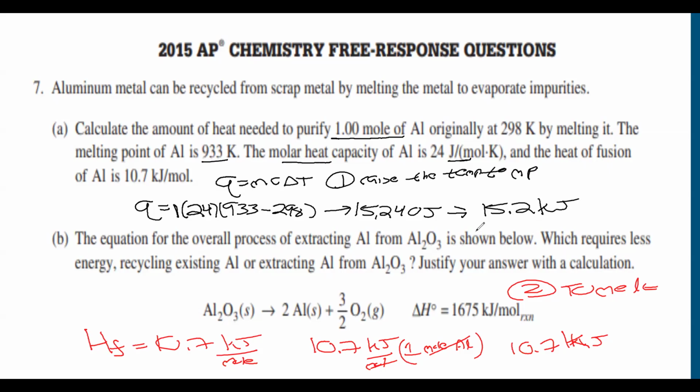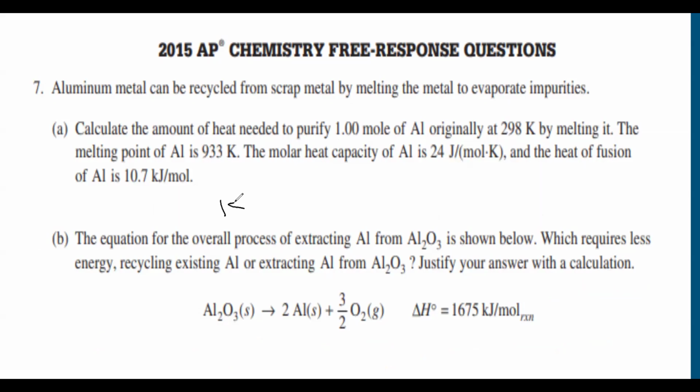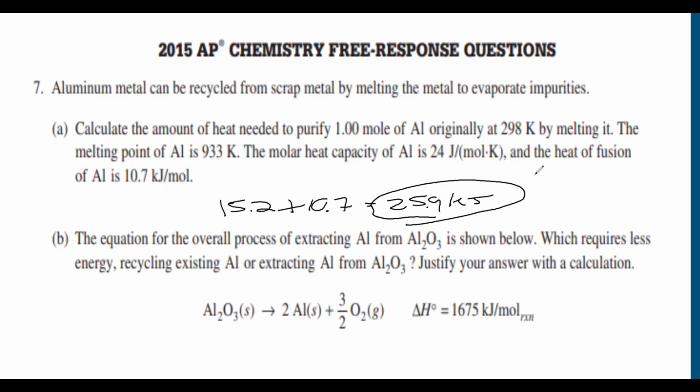Now I'm going to add my two numbers: 15.2 plus 10.7, and we get 25.9 kilojoules. So this is how much energy it costs to raise and melt 1 mole of aluminum.